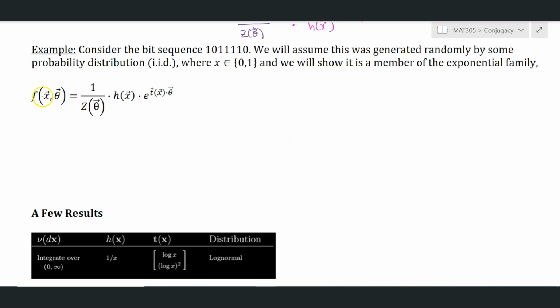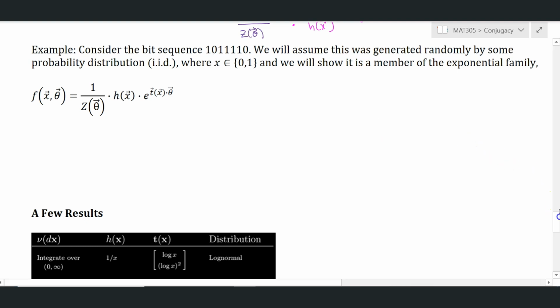So in this case, our x is, again, a single input. So what we have is a single parameter that will dictate whether a 1 appears or a 0 appears. So that's not necessarily just the probability.